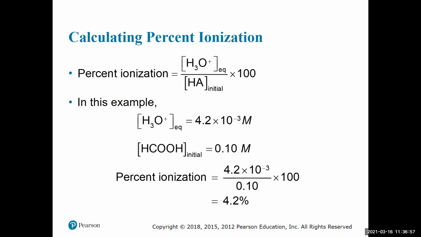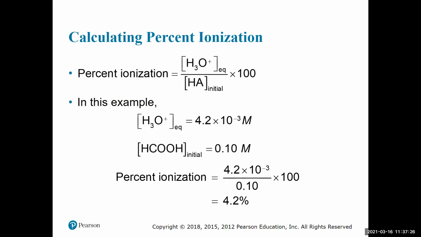Let's look at what our hydrogen ion concentration was that we just solved for. That's that 4.2 times 10 to the minus 3 molar. And so we divide that, 4.2 times 10 to the minus 3 molar divided by 0.1 molar. We want a percentage, so we do that math and then multiply by 100. And we see it's 4.2% ionization.